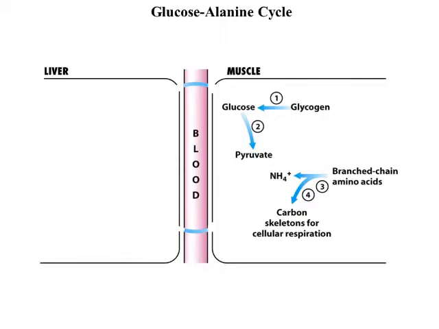So branched-chain amino acids will give their amino groups to pyruvate to make alanine. We can have a lot of alanine from all those amino acids in the muscles or other tissues that give their amino groups to alanine. So now the alanine will go through the bloodstream, all the way to where? To the liver, our chemical factory. And there it can get transaminated to glutamate, so that becomes pyruvate again.